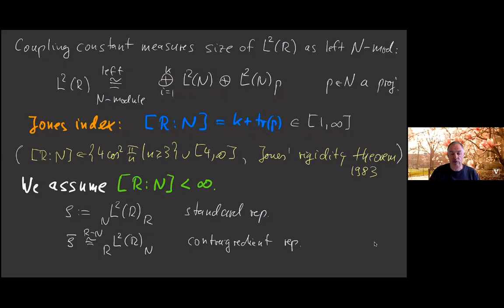We have this notion of continuous dimension. And indeed, if you look at all the left N modules, then each of these is 1, and so any number bigger or equal than 1 does appear as a coupling constant.